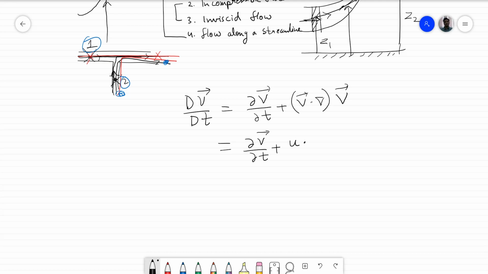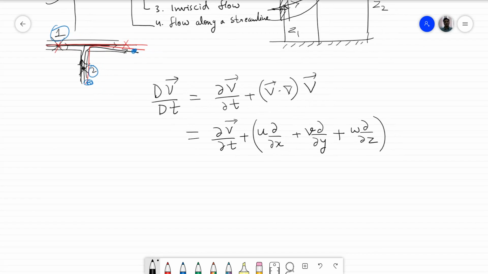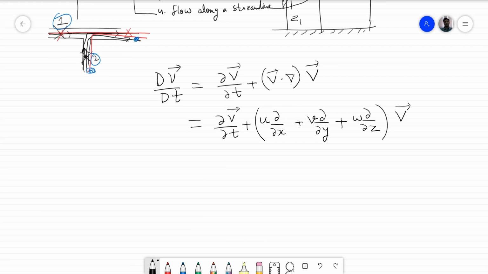which can be written as u dou by dou x plus v dou by dou y plus w dou by dou z. This is the operator which acts on V, which is u i plus v j plus w k cap.